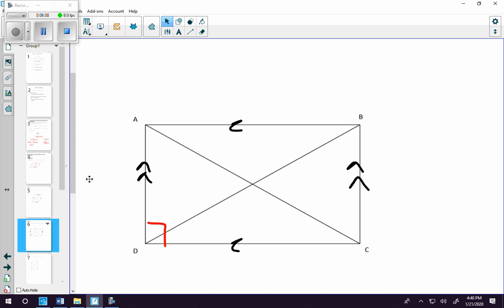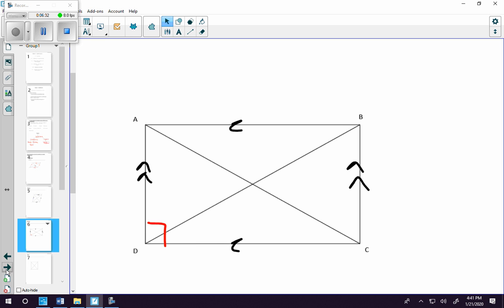A parallelogram that has at least one right angle. So you notice, because a rectangle is also a parallelogram, it has both pairs of opposite sides parallel, that it has at least one right angle. Okay? Everything else that stems from a rectangle are known as the properties of a rectangle, but the definition of a rectangle is a parallelogram that has at least one right angle.